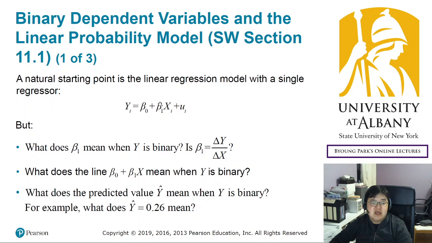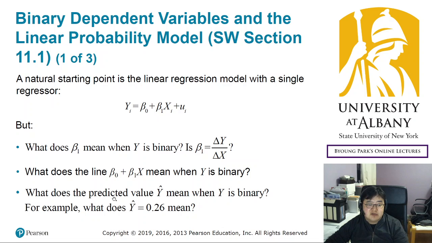And beta 1 is the slope, which is the amount y increases when x increases by 1 unit. So beta 0 and beta 1 have their own interpretation and meanings. And if you obtain beta 0 and beta 1 from the OLS estimation, then you can predict the outcome y using these two values.